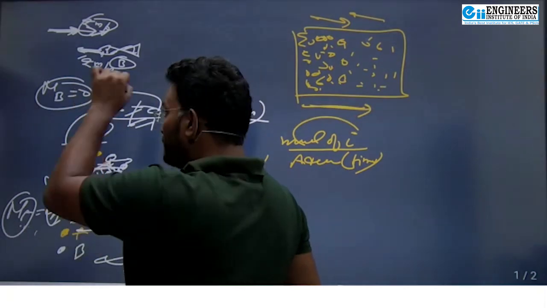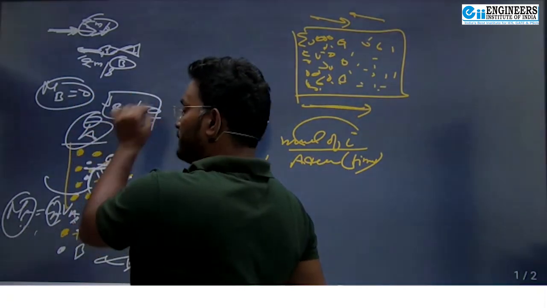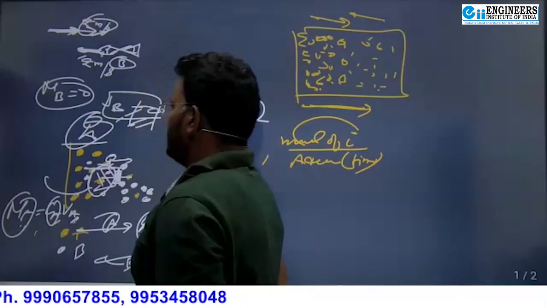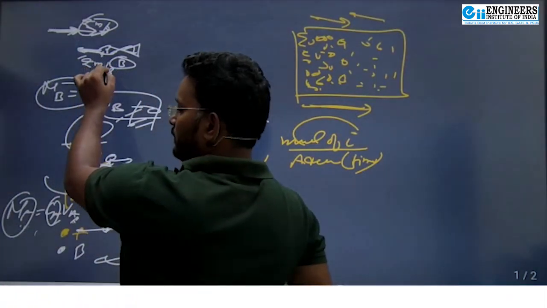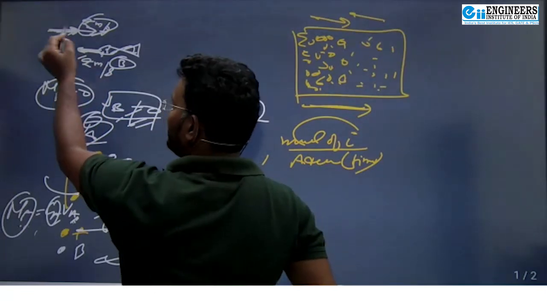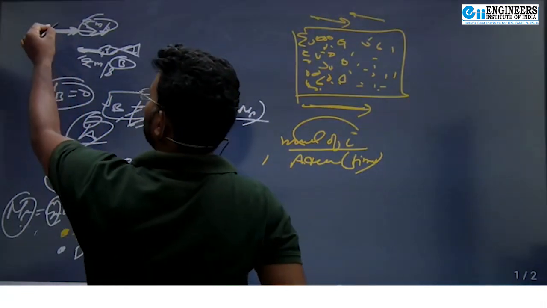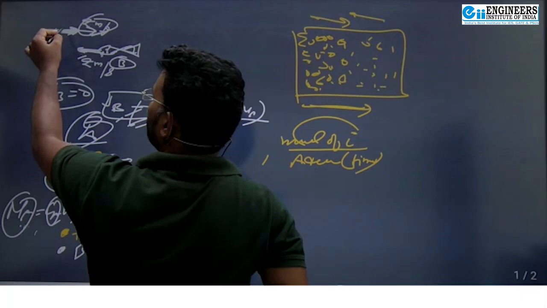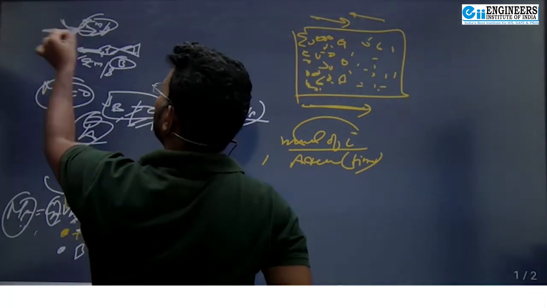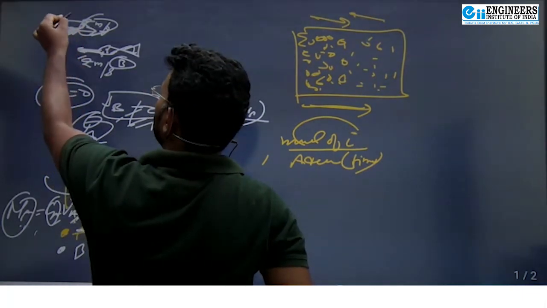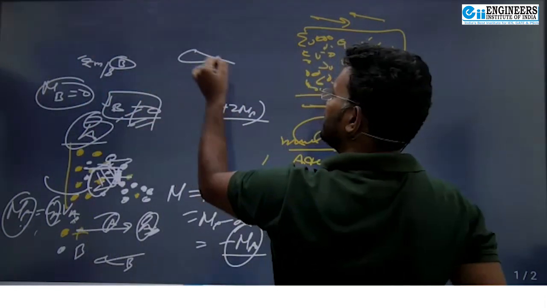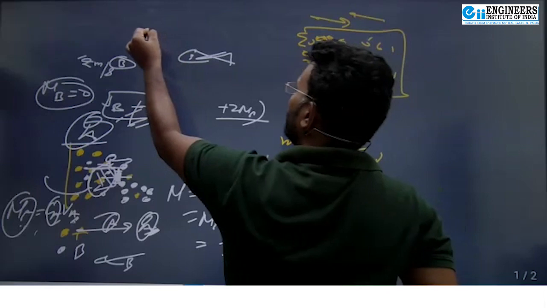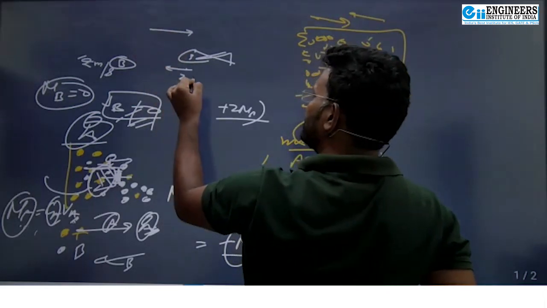And if you want to measure the diffusive flux of B, what should you do? If you want to observe the flux of fish B, then if the fisherman starts moving with a velocity of 2 meter per second on a boat... Now here, the second case, the same fish is here, now 2 meter per second in this direction.